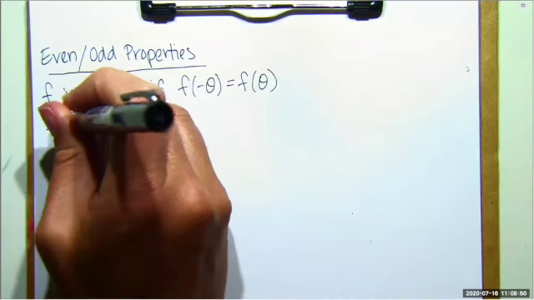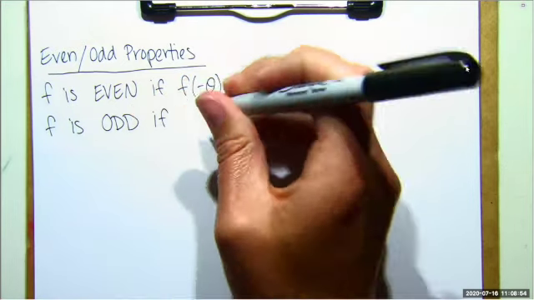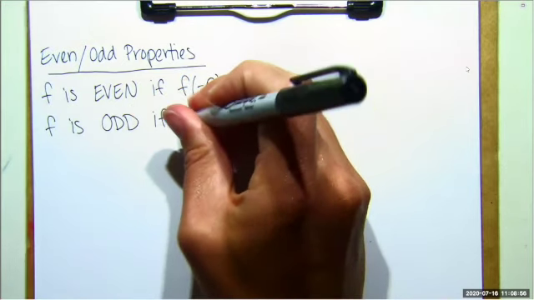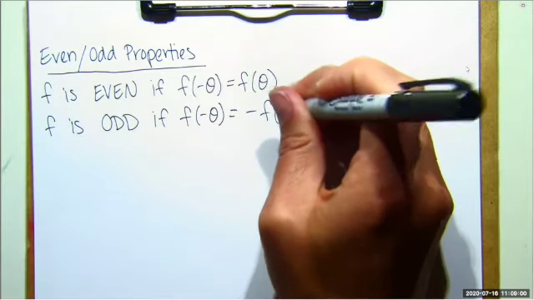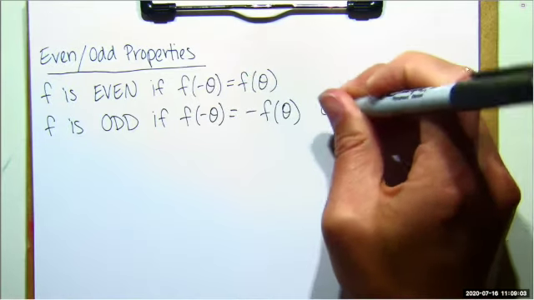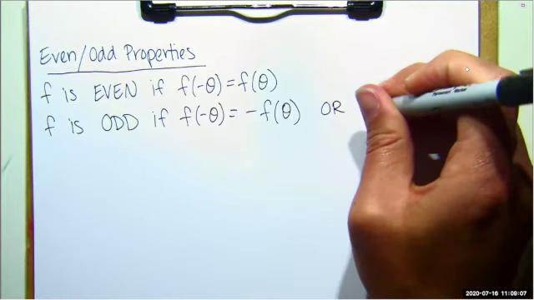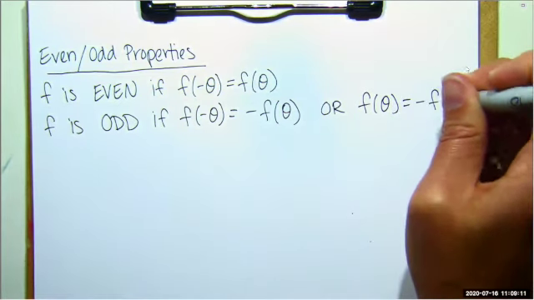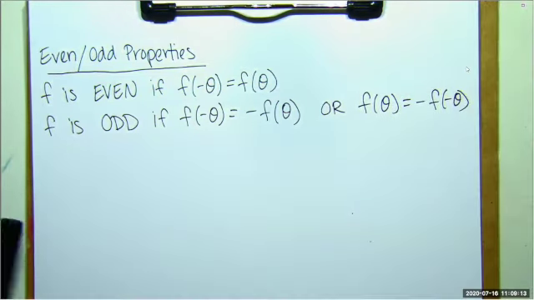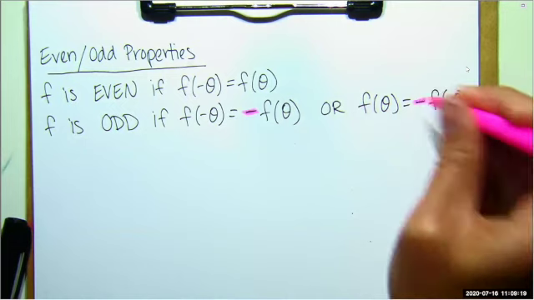A function is said to be odd if f of negative theta is equal to negative f of theta, or we could put the negative on the other side of the equation. Okay, so these were our definitions from 126.